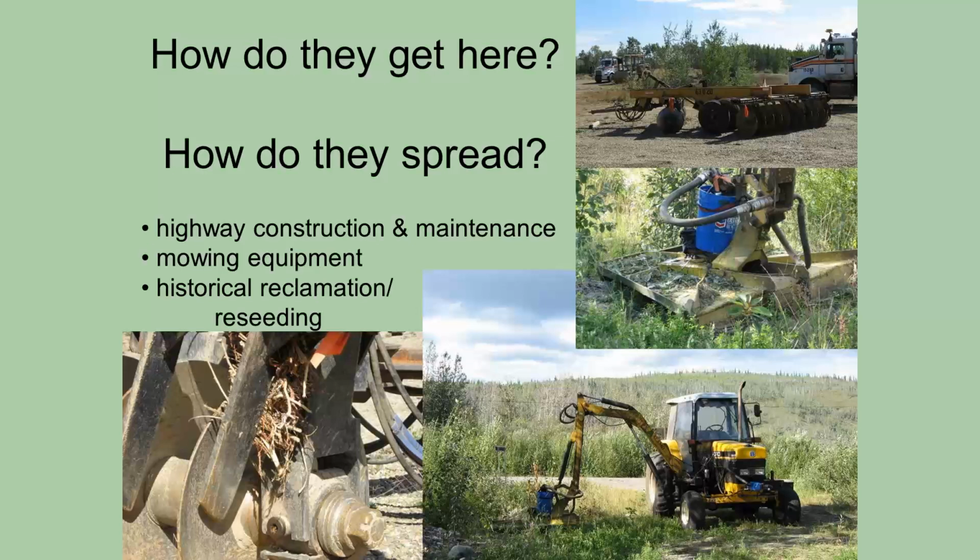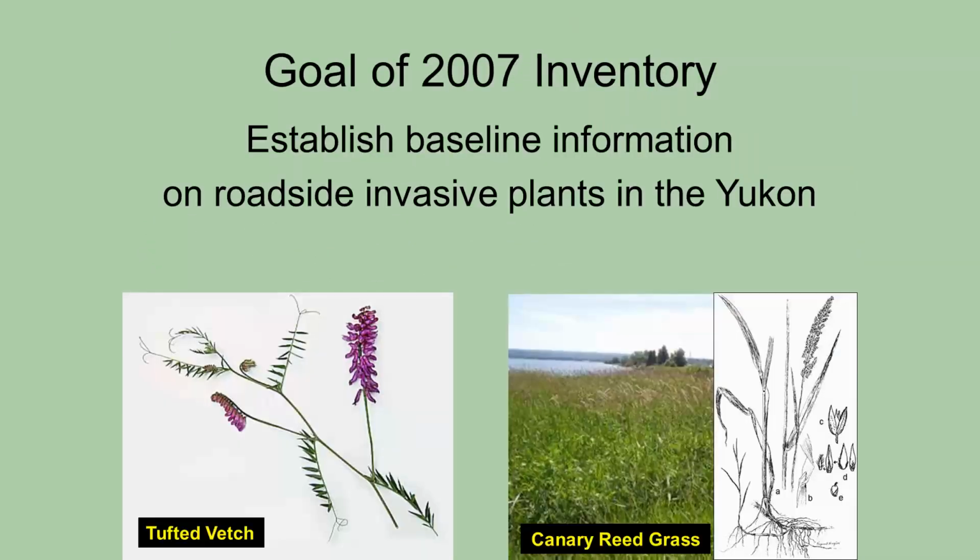And what we found was that most of the spread was by highway construction, maintenance, mowing, and also reseeding. The exotic species were coming in from being reseeded, but it wasn't sweet clover. We have no evidence of sweet clover ever being hydroseeded.